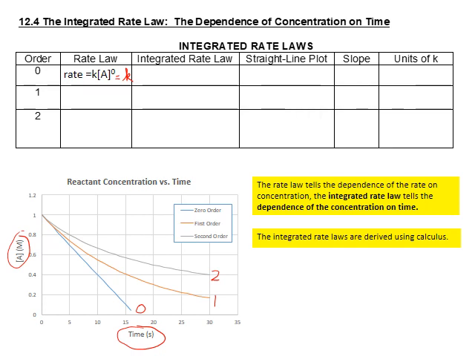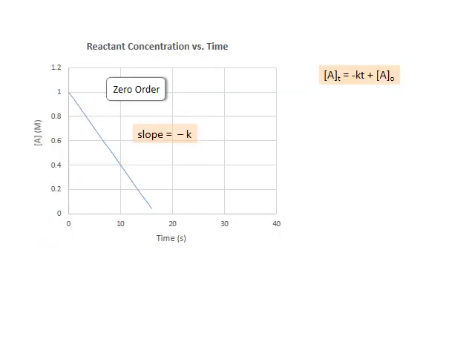If you integrate this rate law with respect to time, you get the following equation: the concentration of A at some time t is equal to negative K times the time plus the initial concentration of A. As we've already seen, plotting the concentration of A versus time for a zero order reaction yields a straight line.